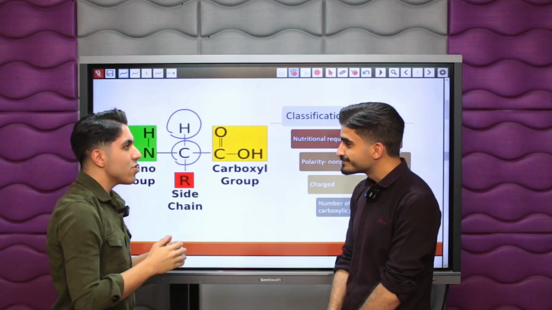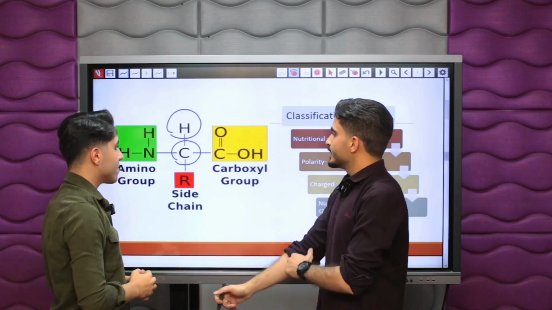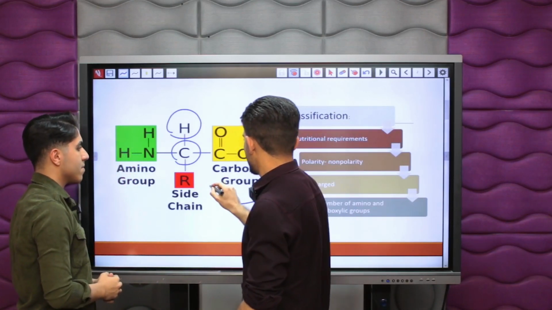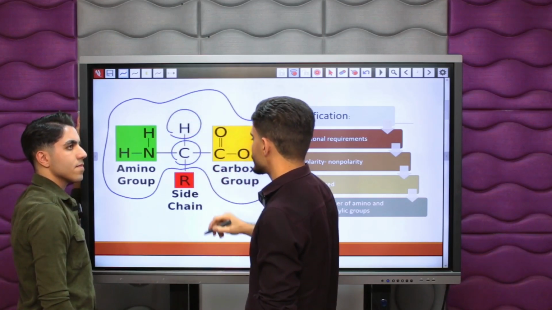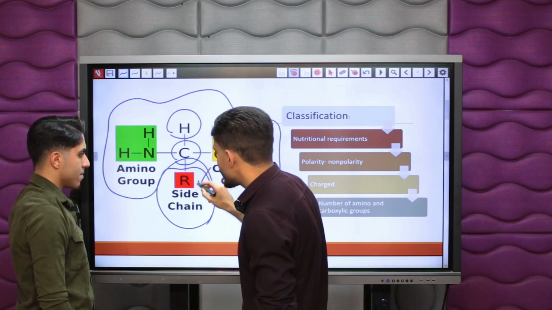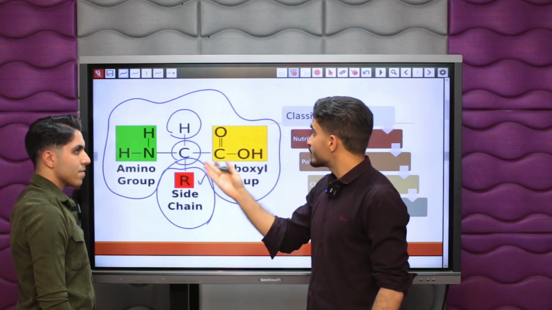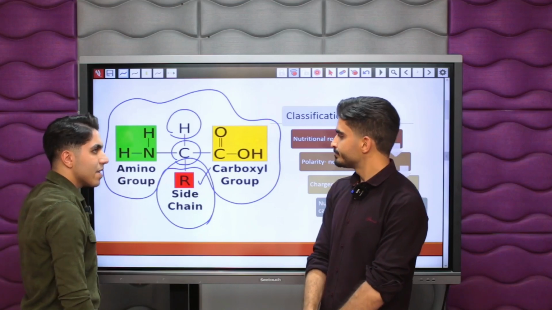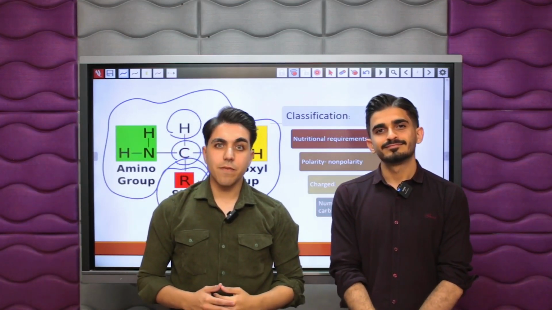Armin, could you please show us the constant and variable parts of each amino acid? By all means. This part is the constant part, and this part here, which is labeled R, is the variable part that forms the basis for classifying amino acids. Great. As a matter of fact, there are about 500 amino acids known in the environment.